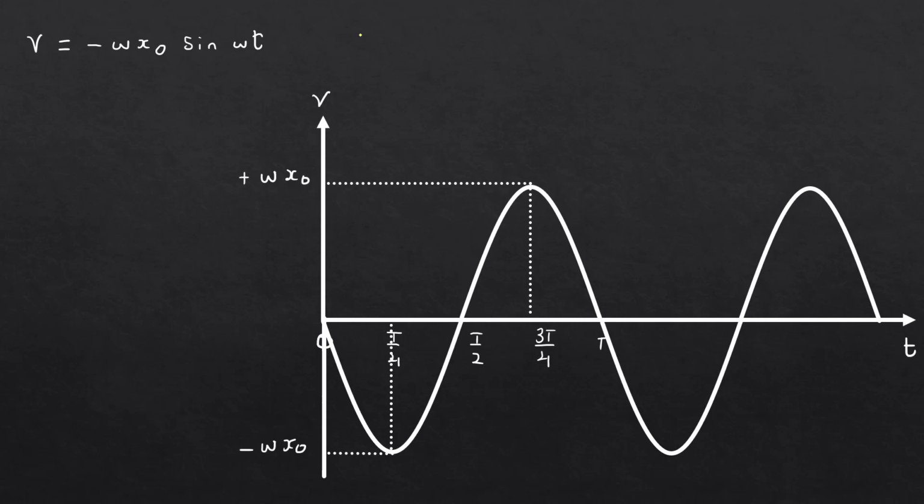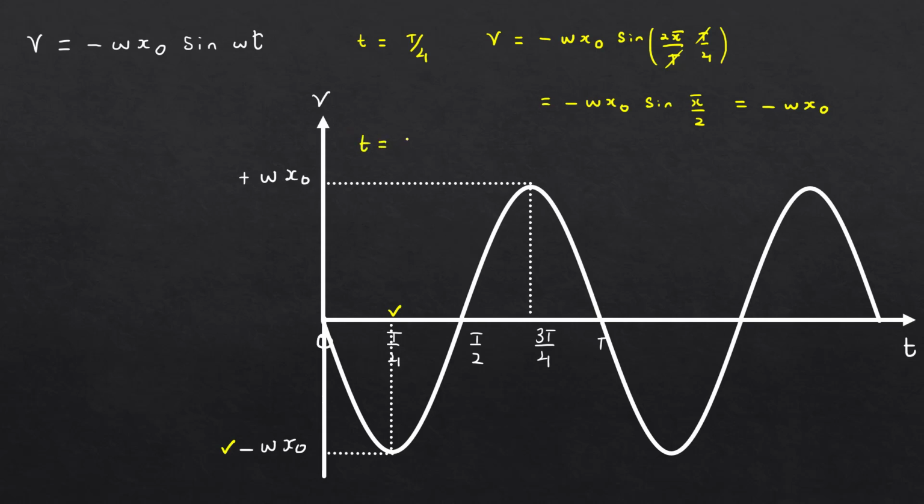Okay, so if you put t equal to T by 4, you are going to have v is equal to minus omega x naught sine 2 pi upon T times T by 4, the T cancels out, and you have minus omega x naught sine pi by 2, and sine pi by 2 is 1, so you have minus omega x naught. So this is why I got this corresponding to this.